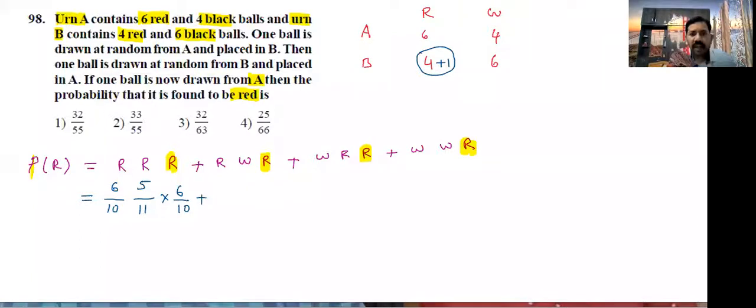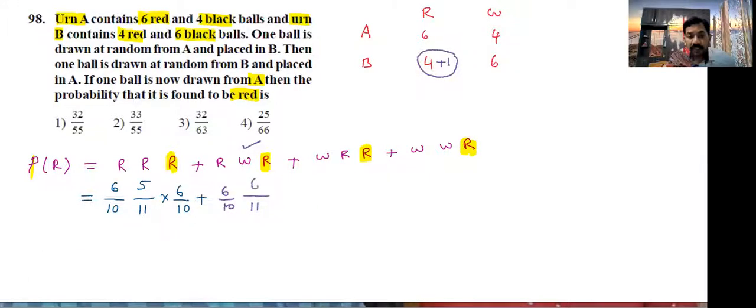Next, I am going to the second case. Again, go to the starting onwards. In the first bag, draw the red color. What is the probability? 6 by 10. Placed in the second bag. That's why red color balls are going to increase. Now draw one ball in the second bag. Now in the second bag, totally 11 balls. What do we want to select? White color.